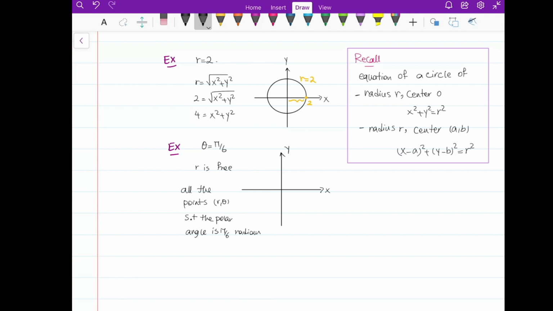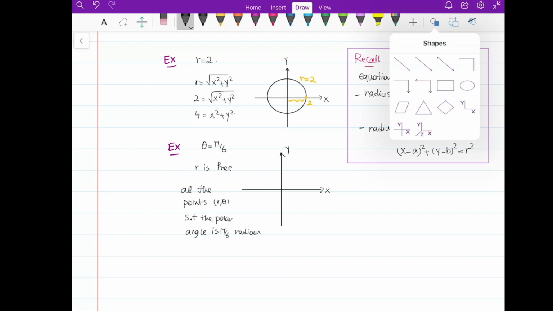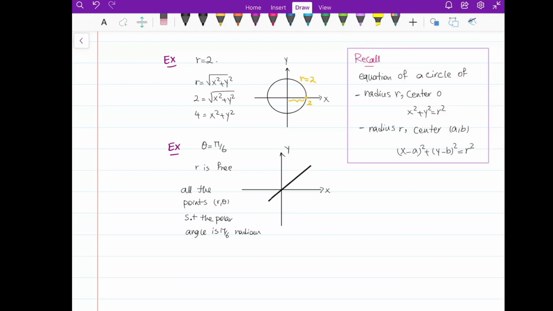So what is that? Let's assume that this is pi over 6. I'm going to tilt it a little bit. This is the angle pi over 6, and r is free, so for example, this is 1 and pi over 6, and this point in here is, for example, 10 and pi over 6.